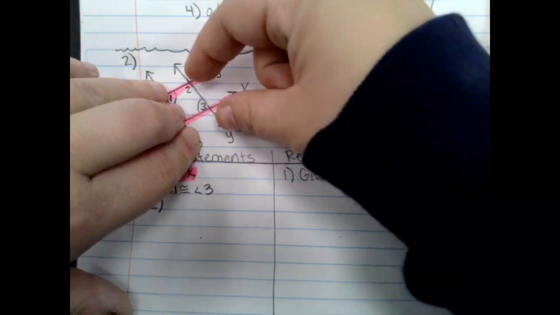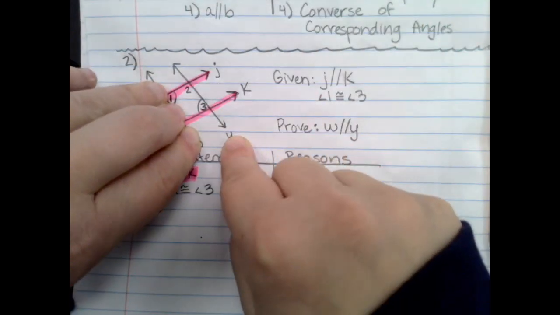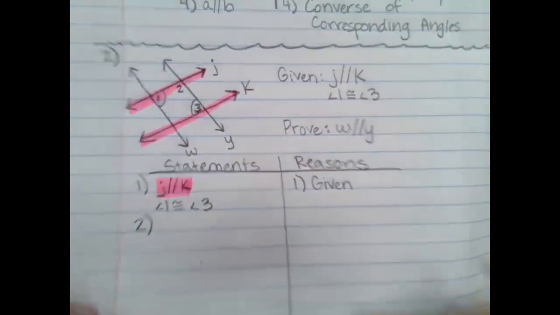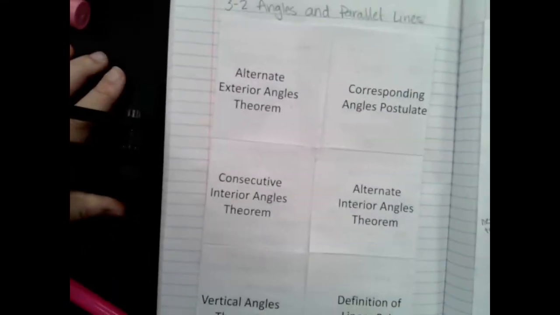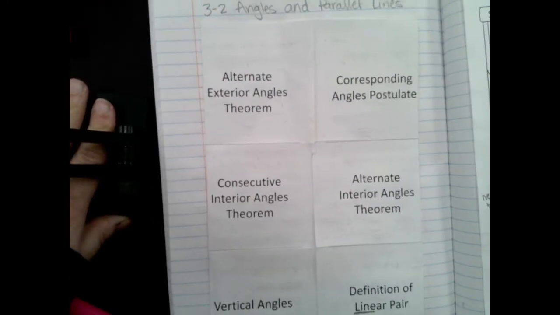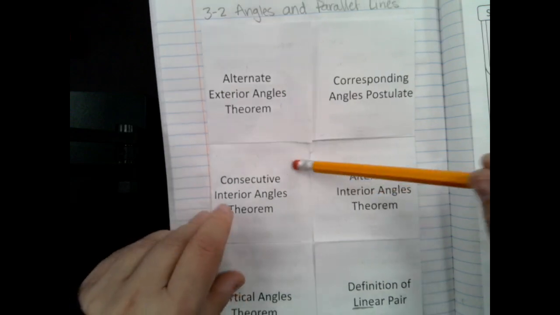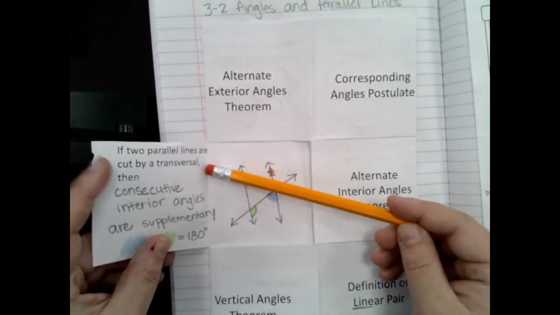So they're on the inside, and are they on the same side as Y or opposite sides of Y? Same side as Y. So if you go back to 3, 2, which one is the same inside? Yeah, consecutive interior.